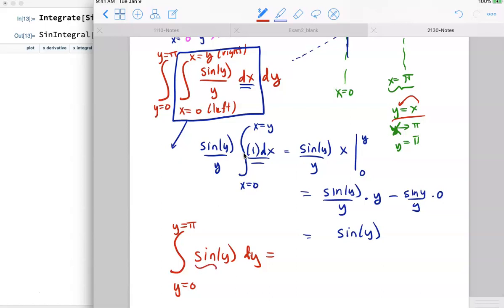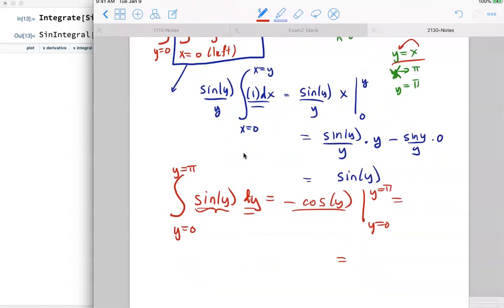The antiderivative of sine of y with respect to y is negative cosine of y, because the derivative of cosine is negative sine. Negative sine makes sine. Evaluated from y is equal to 0 to y is equal to pi. So minus signs, should be very careful here.